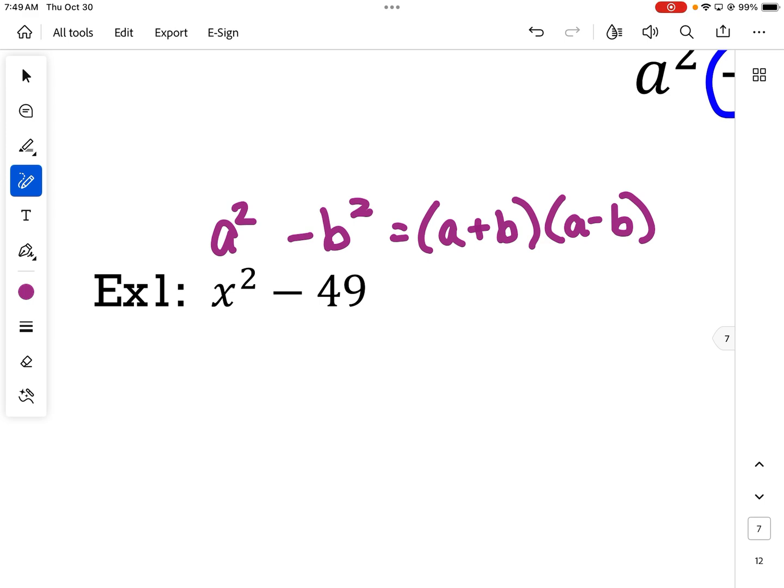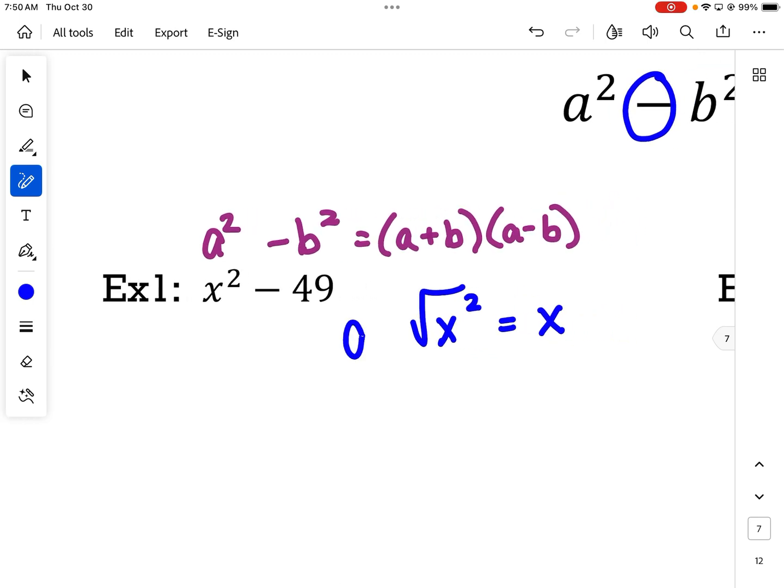So I've got to find out what a is and what b is. And the way you do that is by taking the square root. So if I take the square root of x squared, it's just x. So that's what my a is.